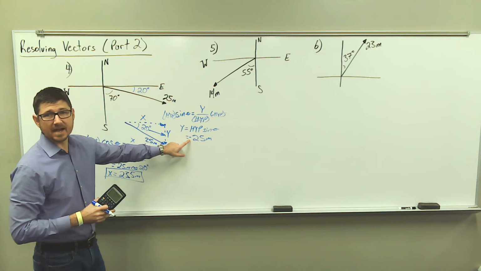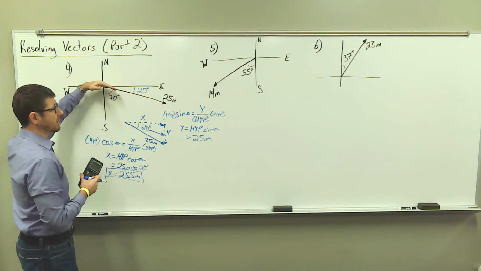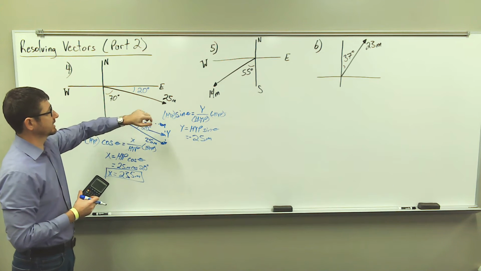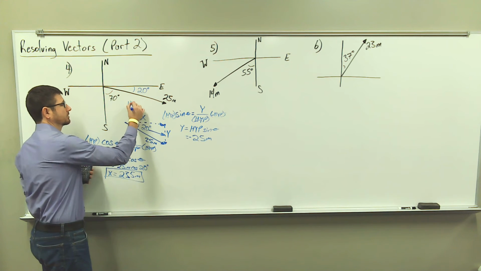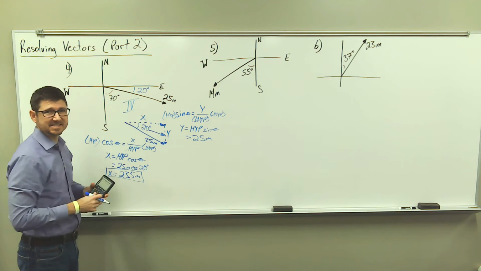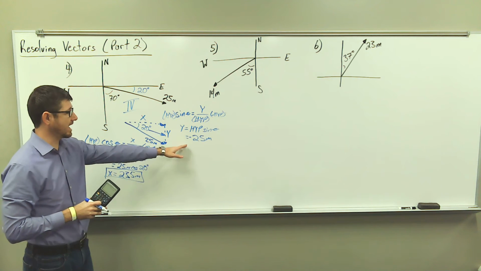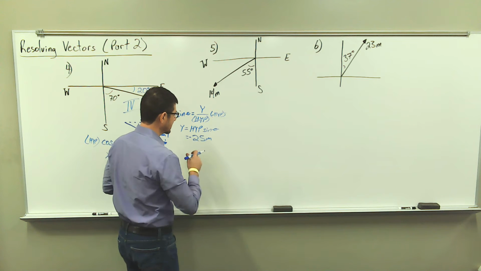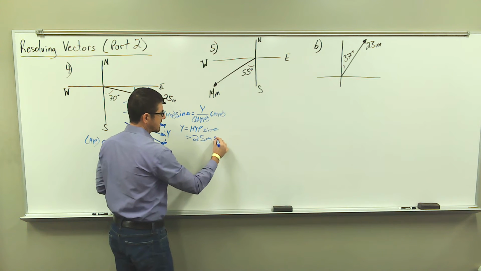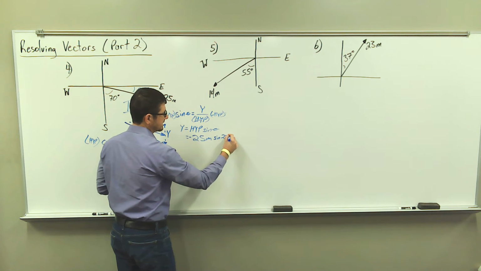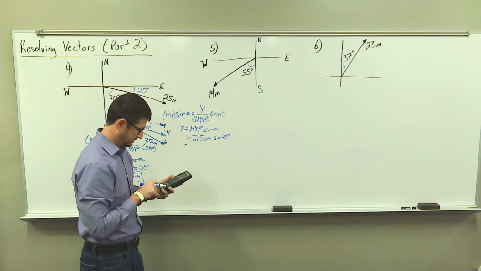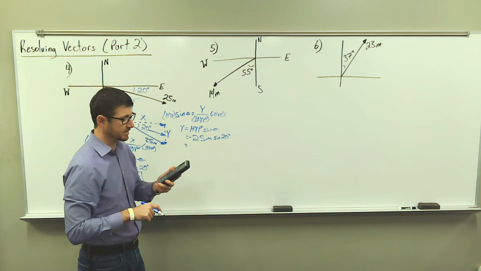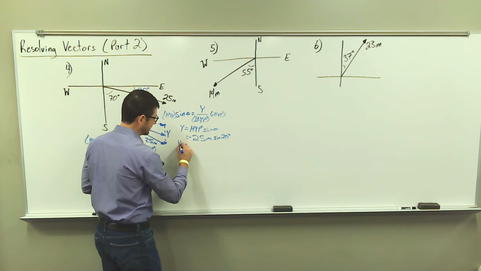And remember, this sign is negative because we're talking about the y component, and our y value in quadrant 4, right here, is negative. So we have to apply the negative sign. Negative 25 meters times sine of 20 degrees is going to give me negative 8.55 meters.